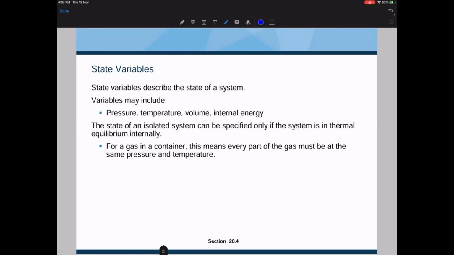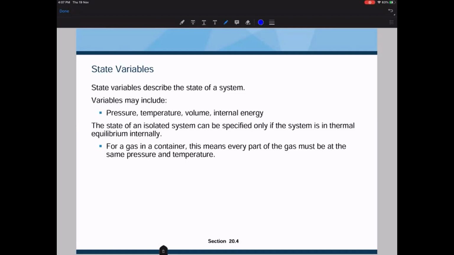So typically, in the case of a gas in a container, it usually means the pressure and the temperature at every location or every part of the gas must be identical. It is a homogeneous, uniform situation.